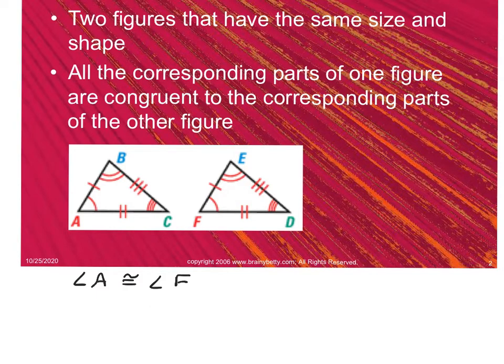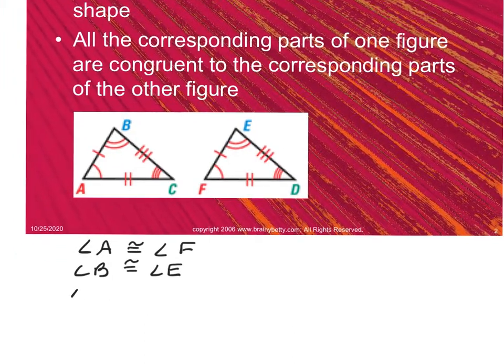Then I could match the one with the 2 markings, angle B, and it's going to match with the same type of marking in the right triangle, and that's angle E. And then the last angle is angle C, and it's going to match with angle D. So when you have congruent figures, you should be able to match all of the corresponding parts. So far we've taken care of the angles.